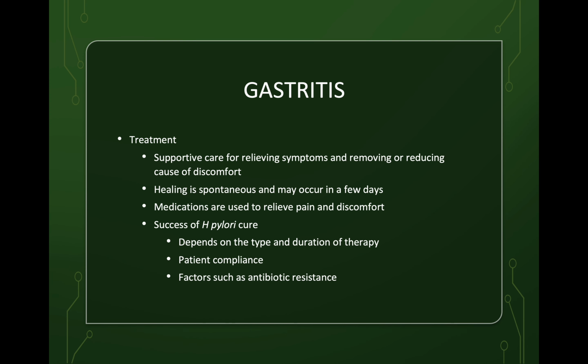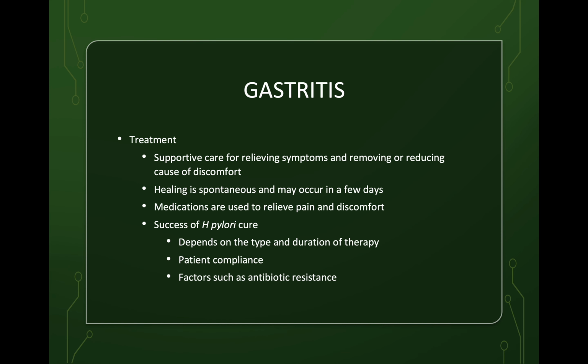Some of these you can get over the counter at your normal pharmacy. Others you have to have a prescription for. But you can identify these medications because they have the ending of prazole. Those medications pretty much stop the production of acid, not completely, but a large amount. I don't even know what the percentage is, but it's pretty much stopping the production of acid in the stomach. So it's helping, again, to provide that environment that's necessary for healing.